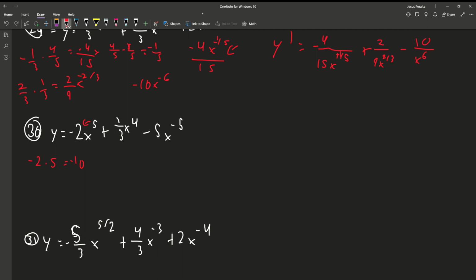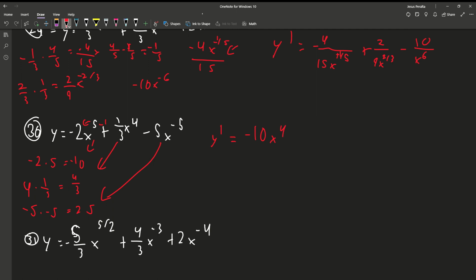I'm going to just multiply the numbers. The subtracting, I'm pretty sure you can do. So 4 times 1 over 3. It's just 4 over 3. And then negative 5 times negative 5 is equal to 25. I just did this one first, then the second, and then the third. Right? So then we have y prime is equal to negative 10. And we subtract 1.